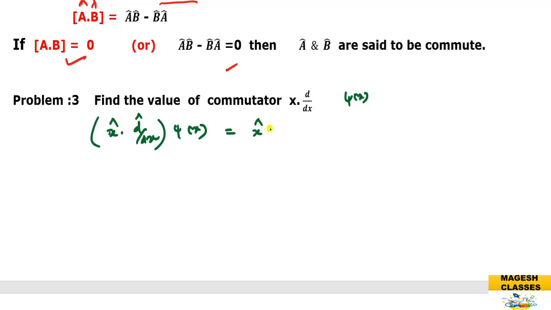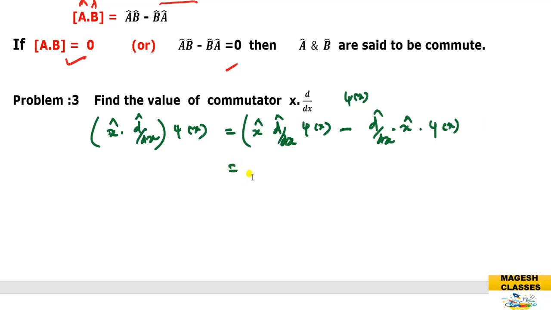So x, d by dx, the position is interchanged. If the position is interchanged and the value is the same, then it is said to be commutator. We are going to verify whether the values are the same or not. So this is equal to 0 if it is commutator.